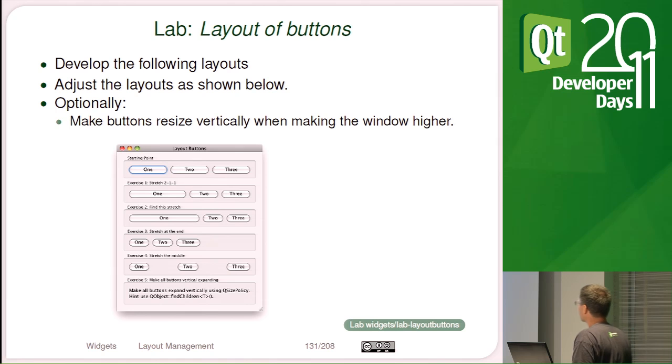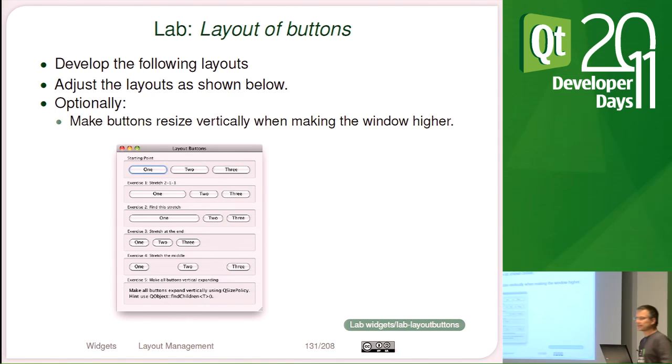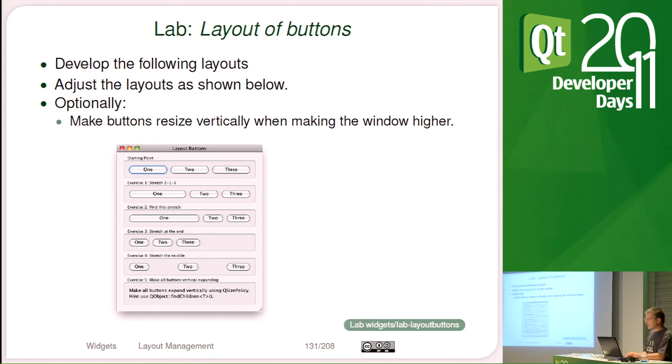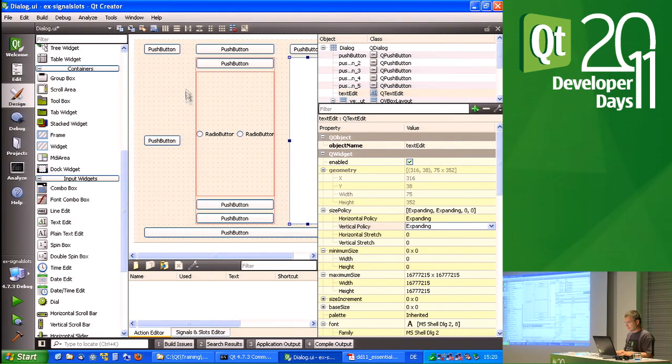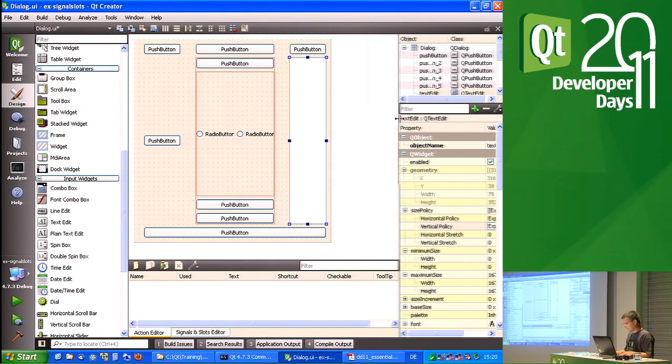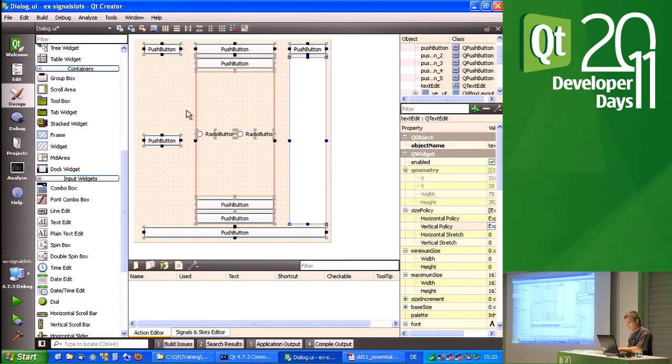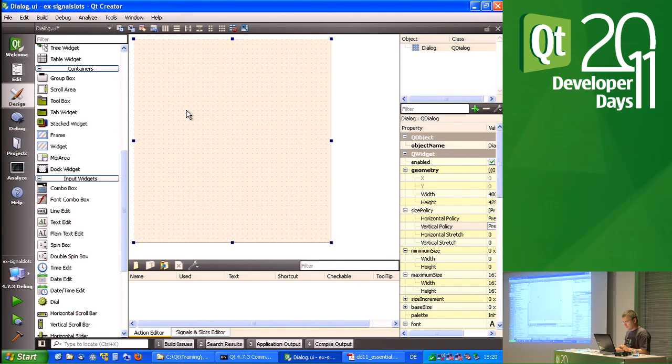So, let's try to do some exercise. In this lab, you normally do it on your own, but let's try to do it with Qt Designer. We have different ways of laying out the 3 buttons. Let's try to prepare this. So throwing away all this, breaking the layout.